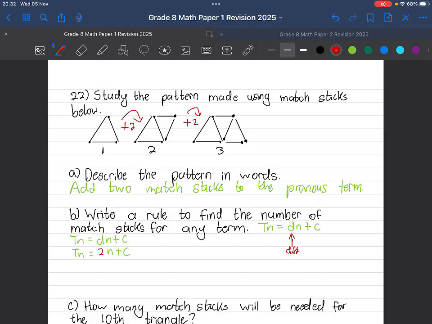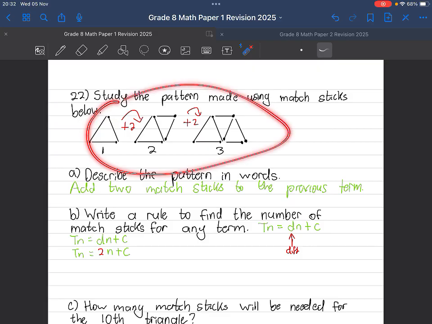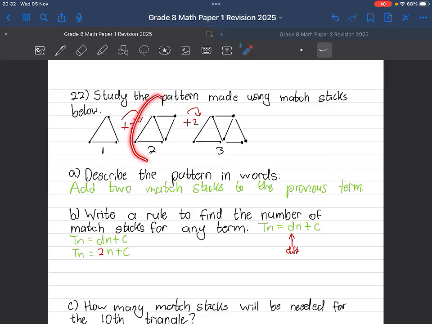We're now going to choose any one of these 3 patterns or positions of the pattern. Suppose I chose this one. In this one, we are looking at term 1, 2, or 3, and then there's the number of matchsticks. So the number of matchsticks in the first one is 3, then 5, then 7.